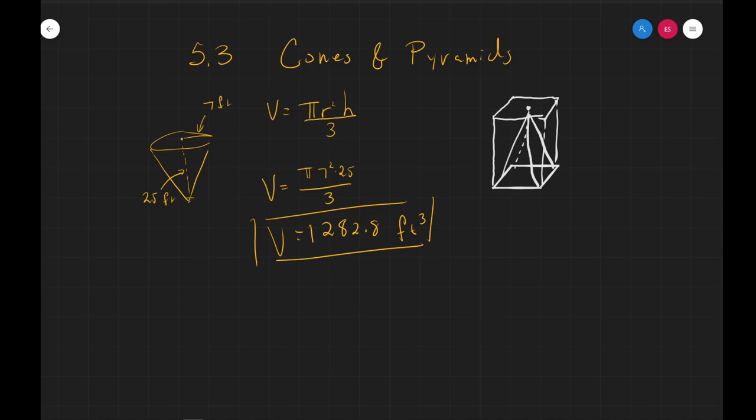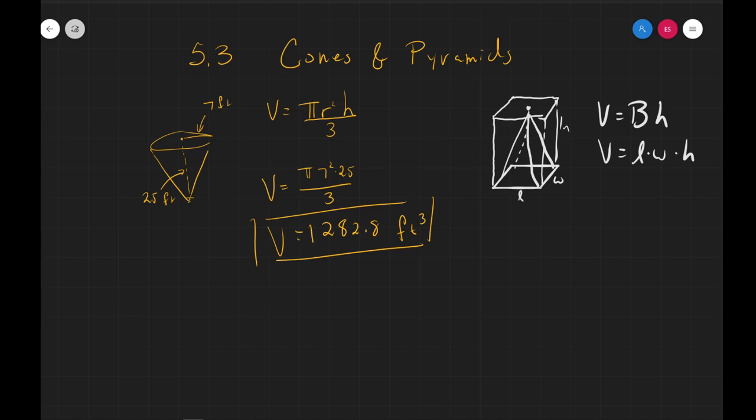So same idea, whenever we're finding a prism, it's going to be volume equals whatever our base is times the height. In this case, since we have a rectangle, we have length times width, and then we have our height. This is going to be volume equals length times width for our base times our height for our pyramid.